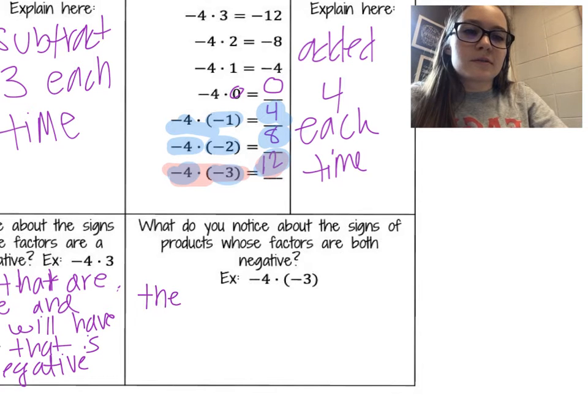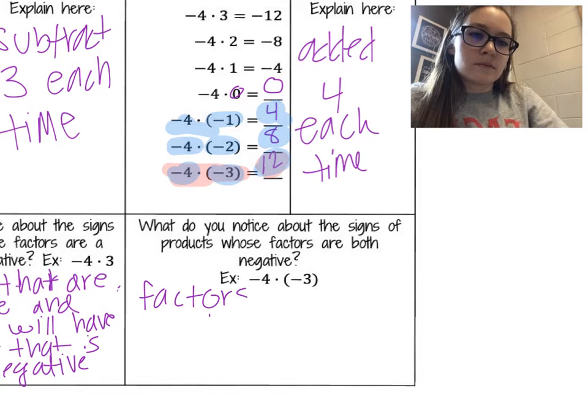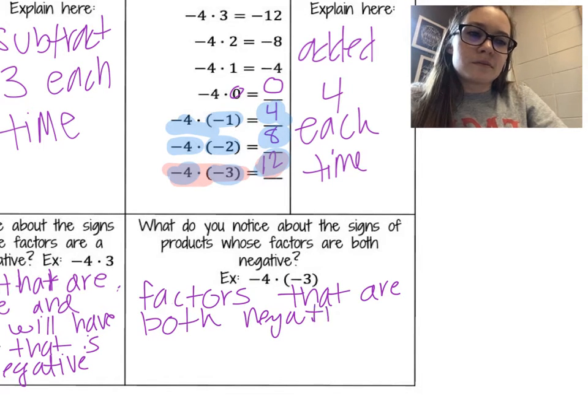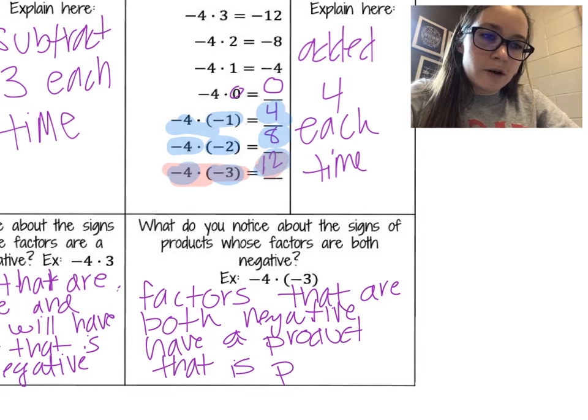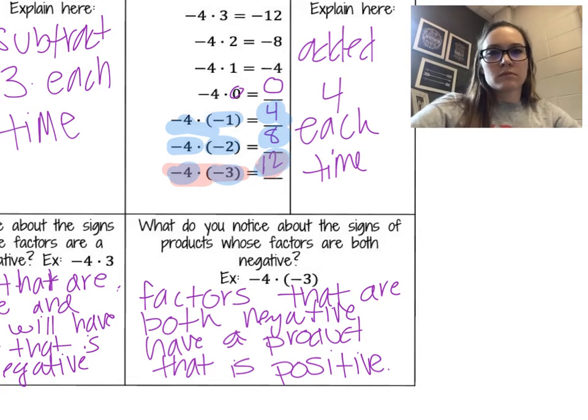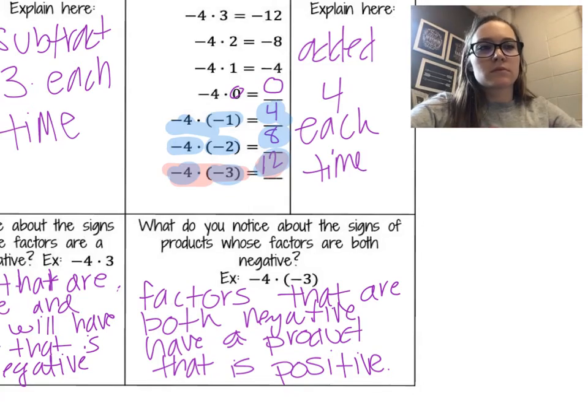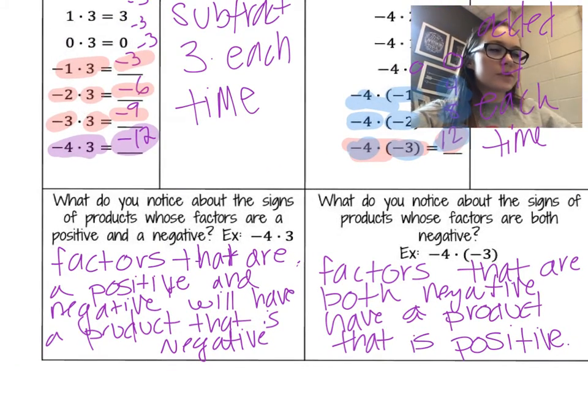So the product, well, let's say 2 factors that are both negative have a product that is positive. So that's what we should be seeing.